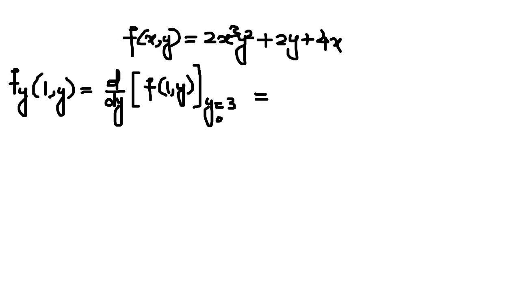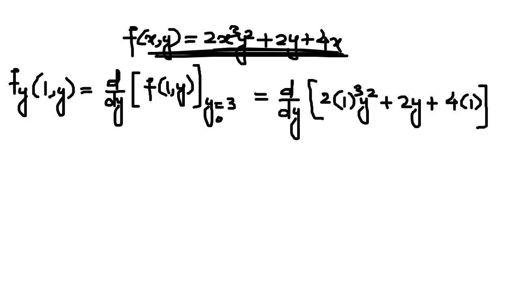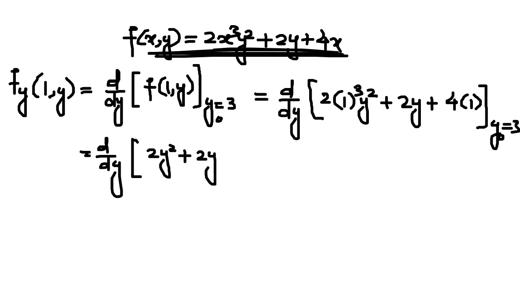Okay, so this becomes d by dy, and substitute the value of x in this function. That becomes 2 into 1 power 3 y square plus 2 into y plus 4 into 1, and here y naught is equal to 3. D by dy is equal to 2y square plus 2y plus 4, and y naught is equal to 3.